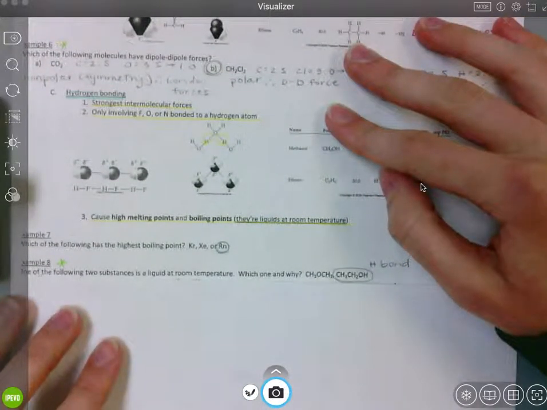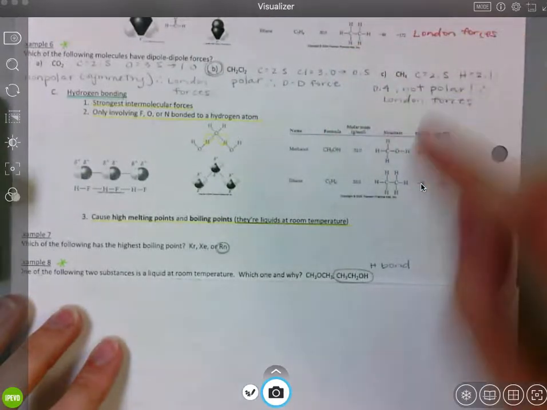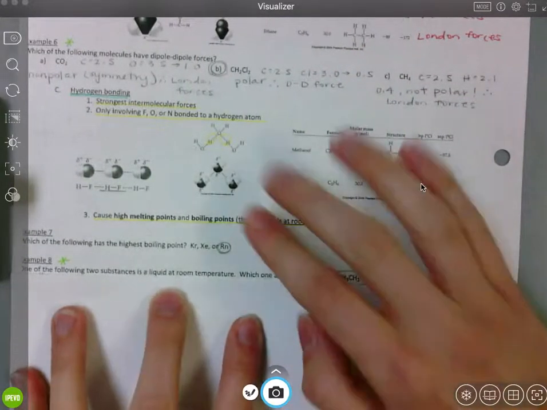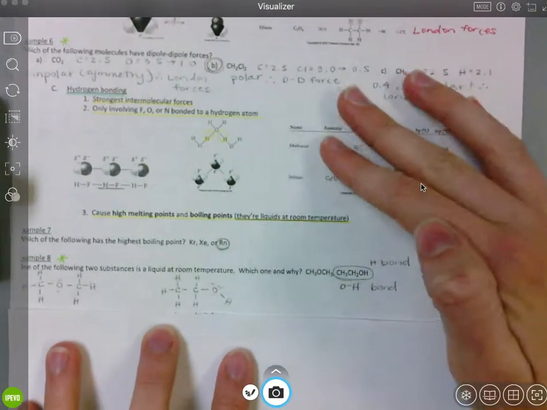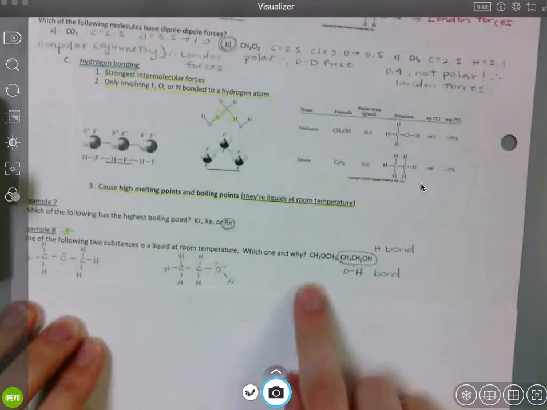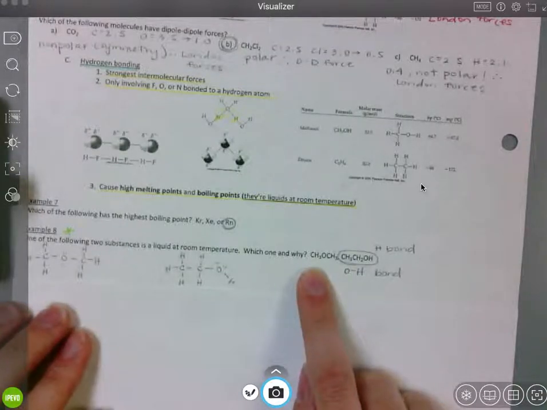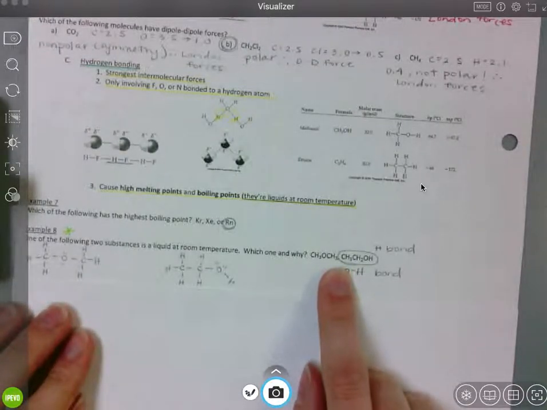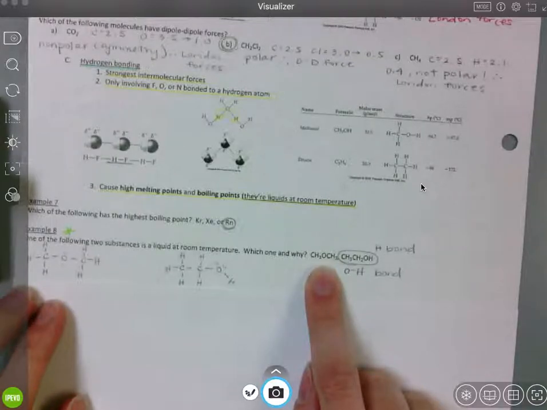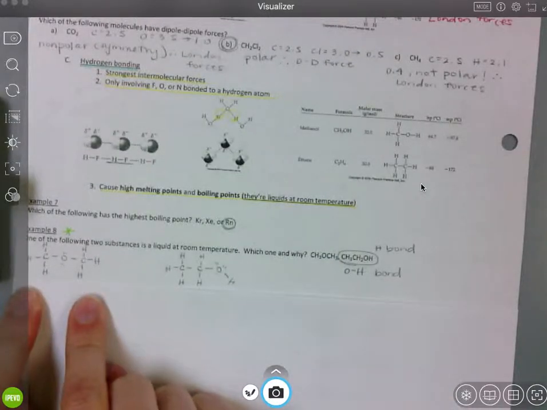All right, example number 8. Which of the following 2 substances is a liquid at room temperature? Which one and why? I've drawn the structures here. In CH3OCH3, those 3 hydrogens belong to that carbon, and those 3 hydrogens belong to the other carbon. We have an oxygen in the middle with 2 lone pairs.